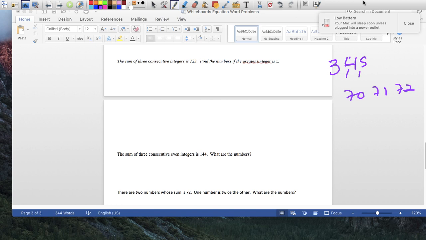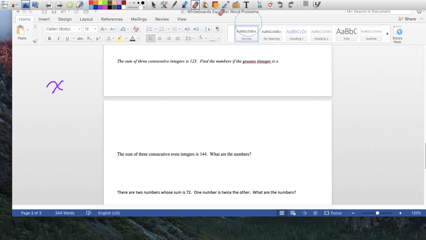Well, I don't know what they are, so we're gonna have to figure it out. So I do know this: if my first number is x, so let's pretend my first integer is x, the number that follows x would be x plus 1. That makes sense because it's the number right after.